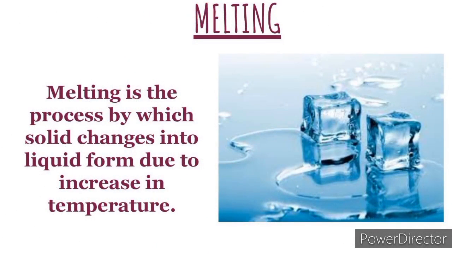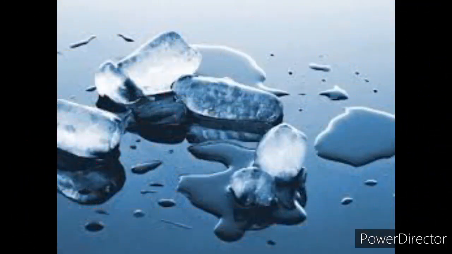The second term is what? Melting. Melting is the process by which solid changes into liquid form due to increase in temperature. Okay, so this we know. When we keep the ice cubes outside, then the ice cube is changed into water form. Okay, so the ice cube is the solid form, right?